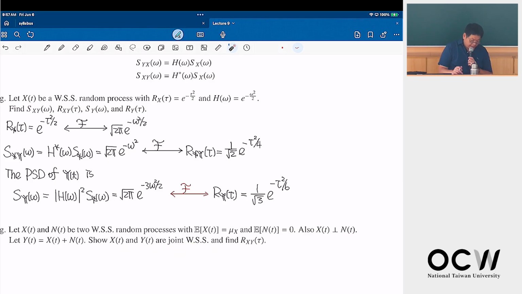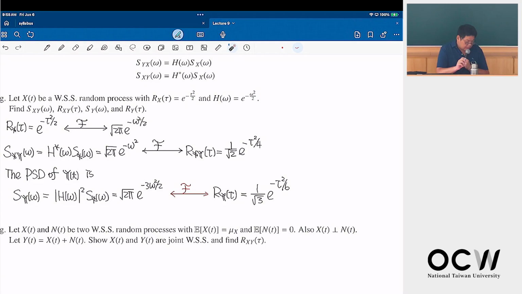First, their mean should be a constant, and their cross correlation should be a function of time difference. So first, we know x is wide-sense stationary. If we can prove y is wide-sense stationary, then the mean of y is a constant, and also the autocorrelation of y is a function of time difference.